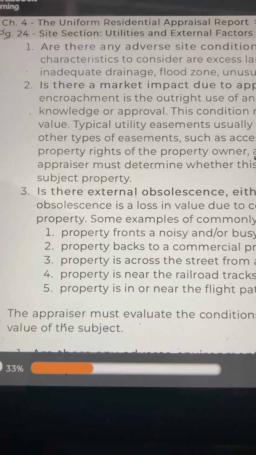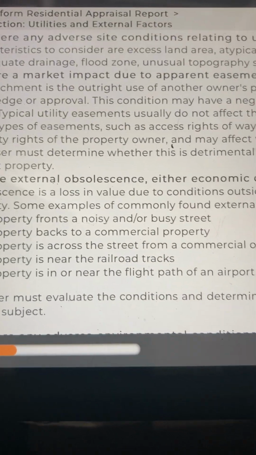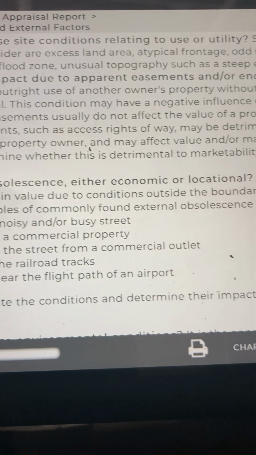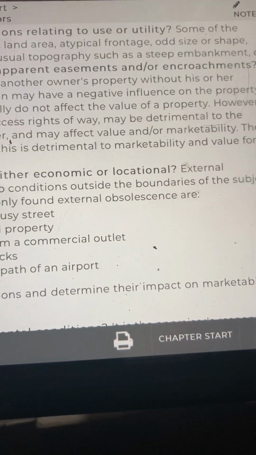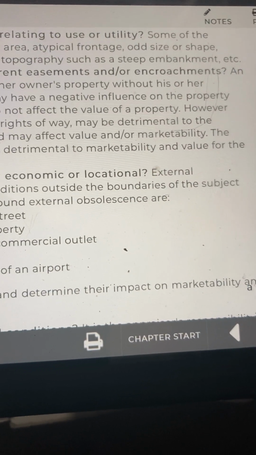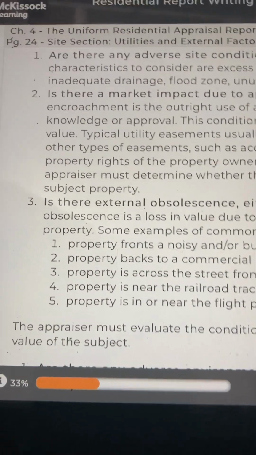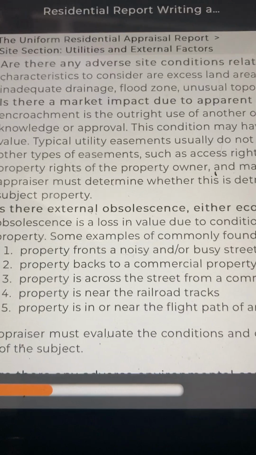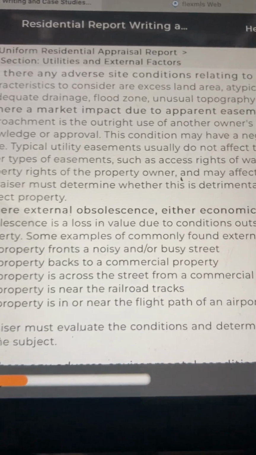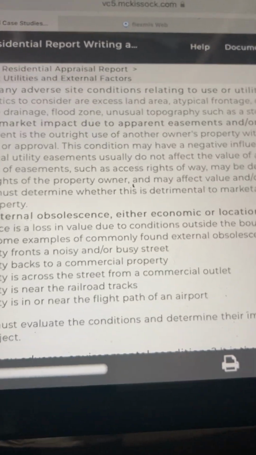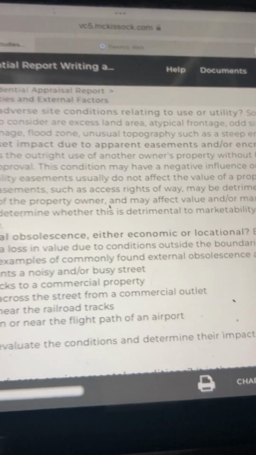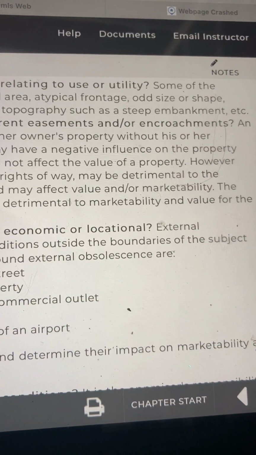Some of the characteristics to consider are excess land area, atypical frontage, odd size or shape, inadequate drainage, flood zone, unusual topography, such as a steep embankment, etc.